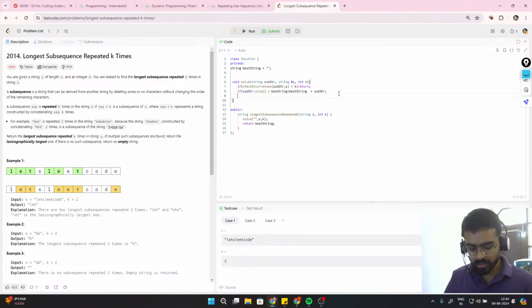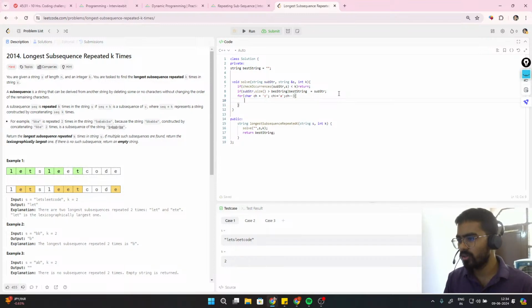And what I will do, I'll iterate over a for loop with a character ch. I'll start from z. My ch should be greater than or equal to a, ch minus minus.